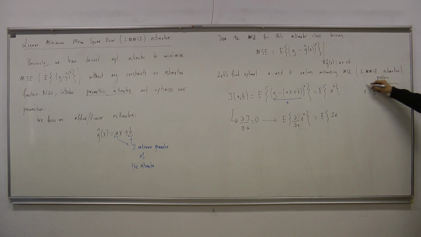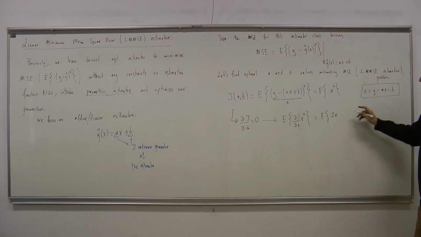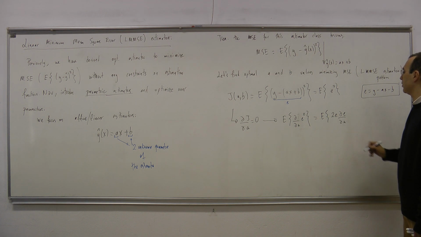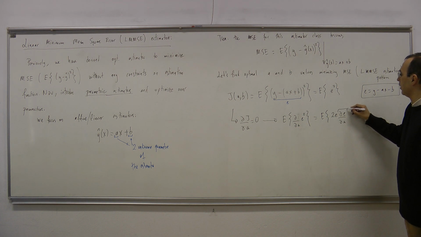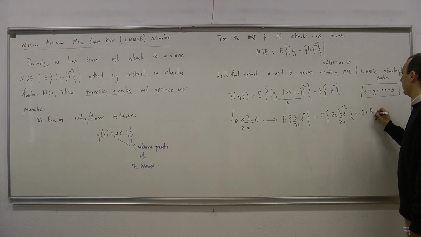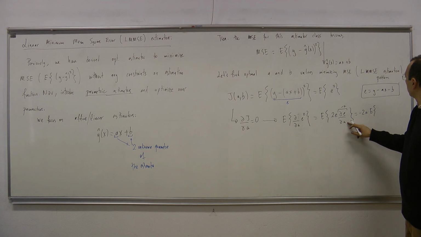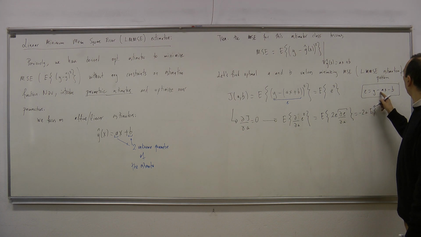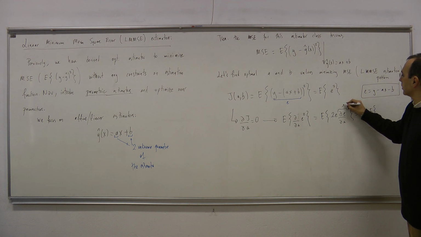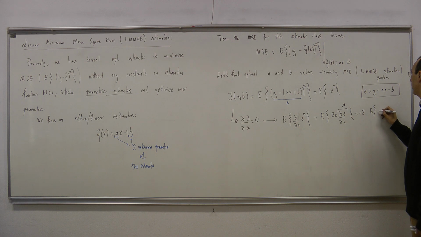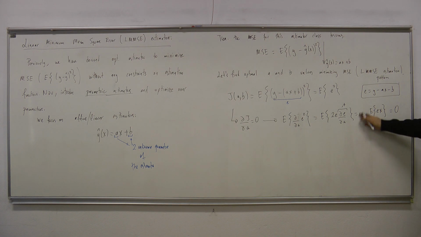The derivative of e with respect to a is minus x. So I get minus 2 times the expected value of e x, and this is equal to 0.